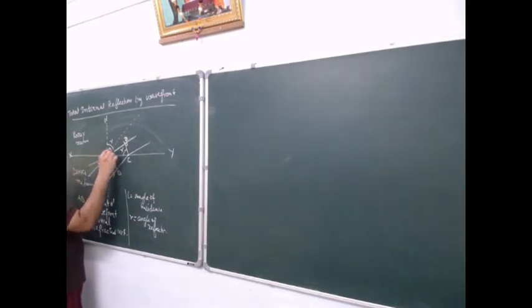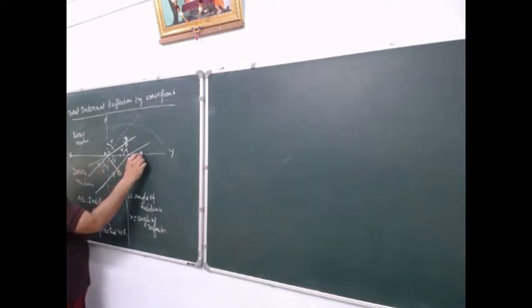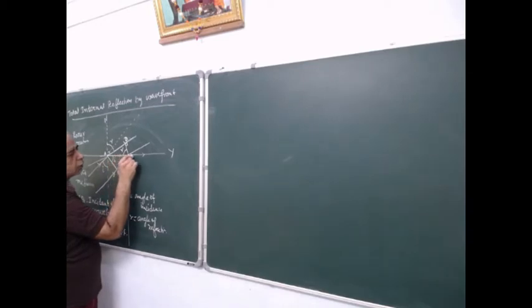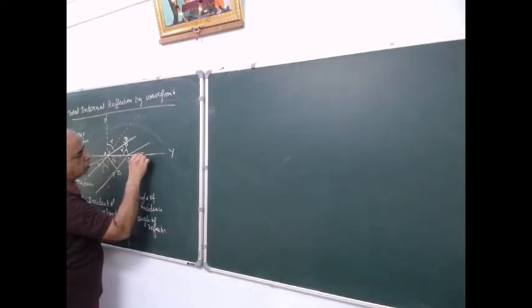It gets further deviated downward. The angle of refraction is almost passing through the plane of refraction. Is it clear?